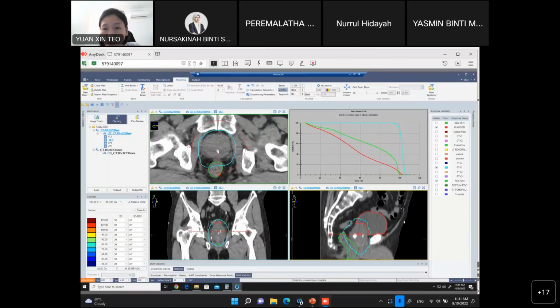Then he will need to wait for 40 minutes. This is the guideline in my centre. 4 cups and 40 minutes.